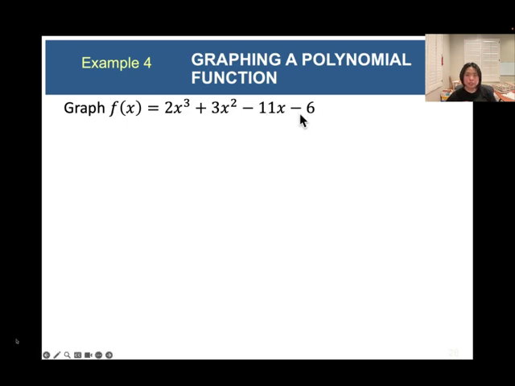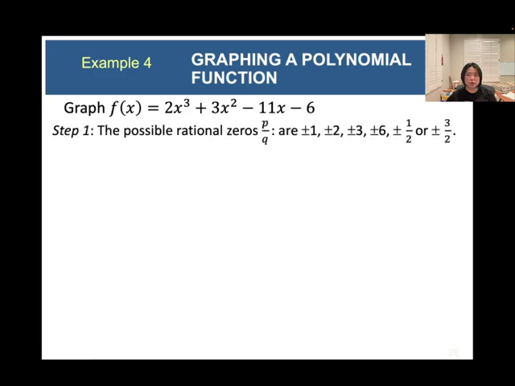The 6, you could break it down to plus or minus 1 times 6, 2 times 3. And the 2 is only 1 times 2, plus or minus also. So the possible rational zeros, you get this.